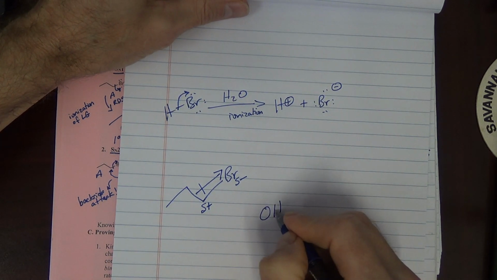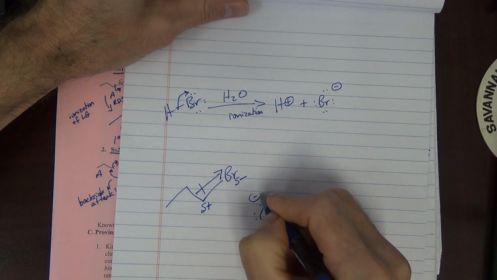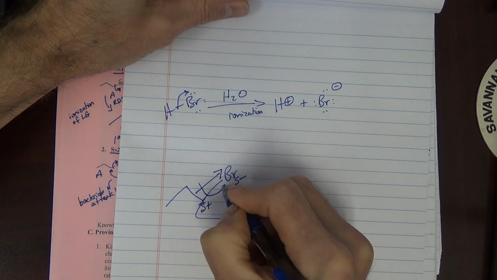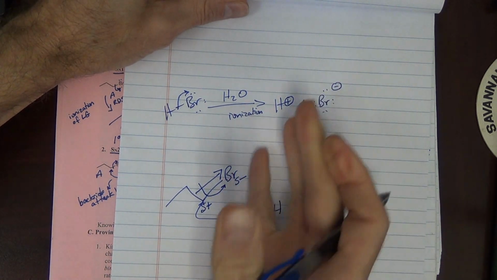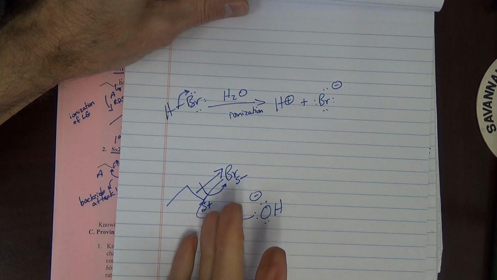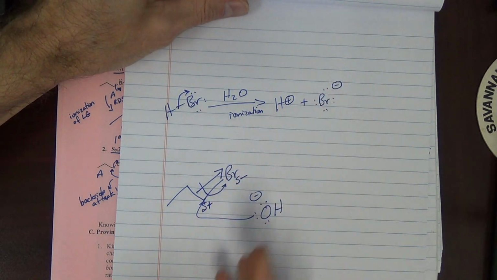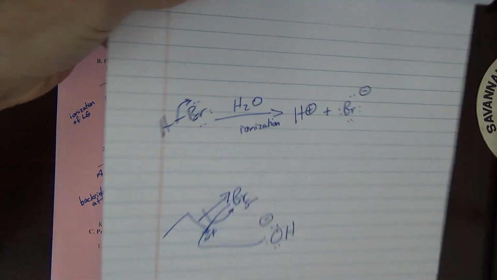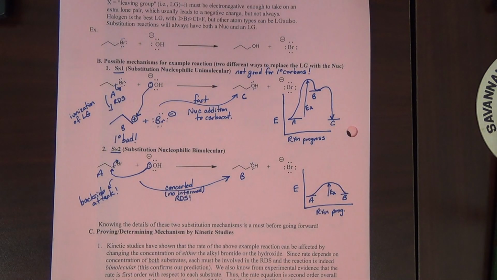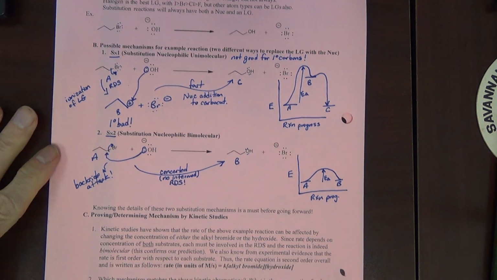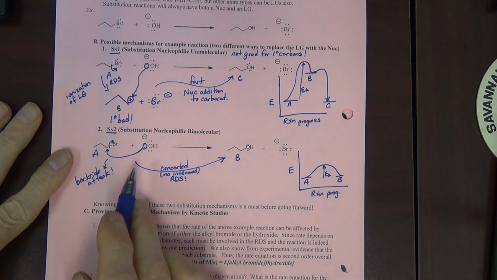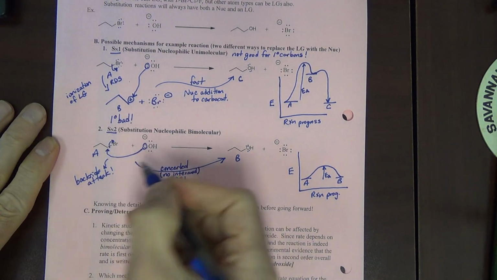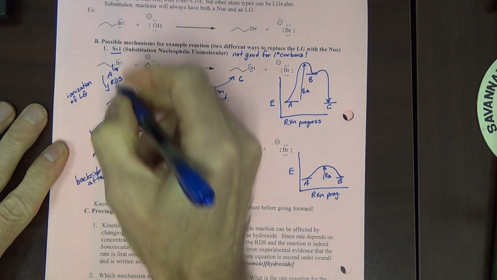And so the hydroxide is attracted in this case to the partial positive, and then we just move these onto the bromine. It's pulling them anyway. And this chemistry takes place, and we replace one group with another. I think we covered it. Now this here is the mechanism for this reaction.